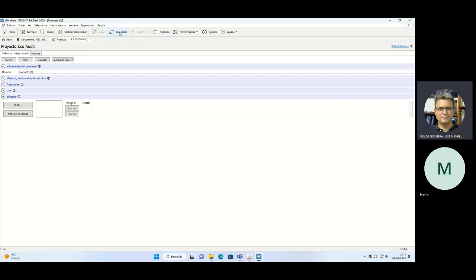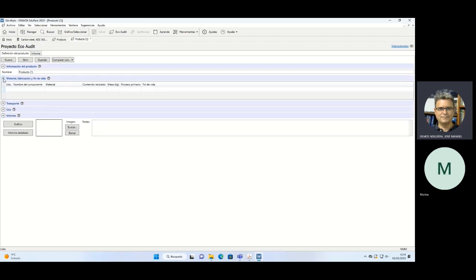Okay. Here we have material, manufacture, end of life, transport, use, and the report. If we go to material, then we can add here the list of materials. So finally, to do this assessment, we just need the material that we want to use, and we need to know how much material we need, and also how it's going to be manufactured.